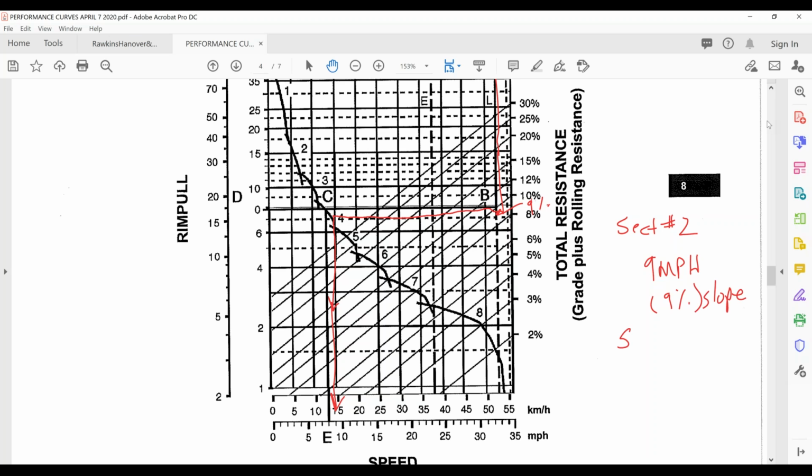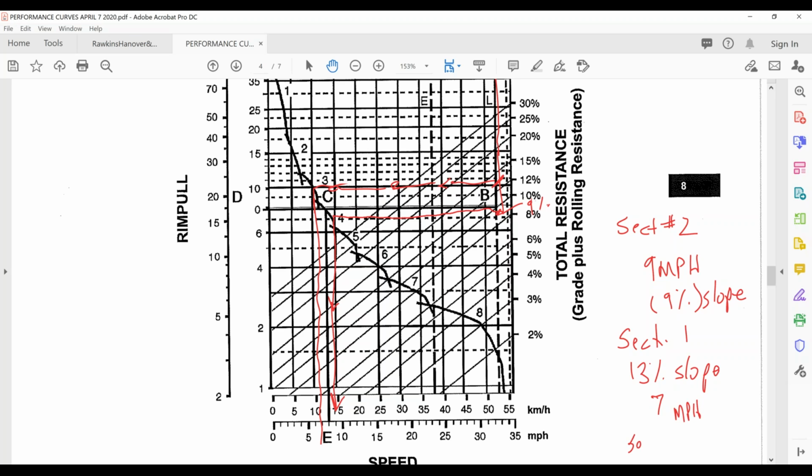In section 1, we have a 13% slope. We do the same thing, we come back, 13 is there, and 13 is going to come over from here. And that 13% slope, we're going to be able to do that at 7 miles per hour.